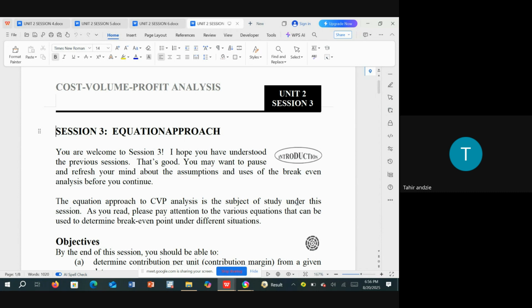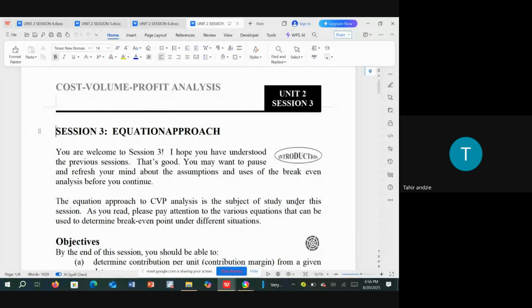Then we came to where you want to now make a target profit. Remember that I made reference to the marginal costing approach that you are aware of, that you did in cost accounting and management accounting 1, where in preparing a profit statement under the marginal costing approach, we subtract all variable costs from the sales revenue to get the contribution, and then subtract fixed costs from the contribution to get profit.